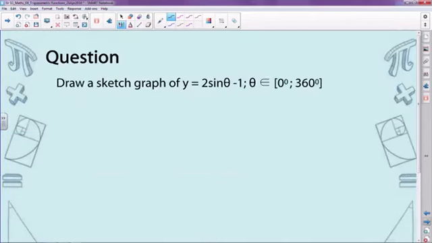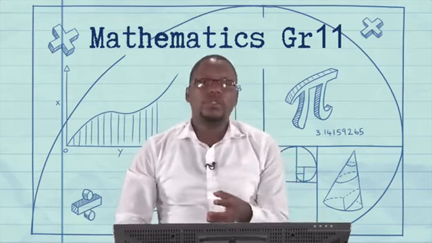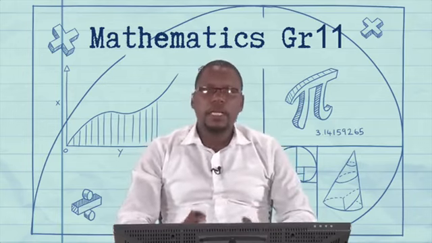Okay, right. So now, the next part, you need to draw a sketch graph of y equals to 2 sine theta minus 1, and your theta is from 0 degrees to 360 degrees. Now, what I want you to do, guys, is sit with a friend and discuss this graph.